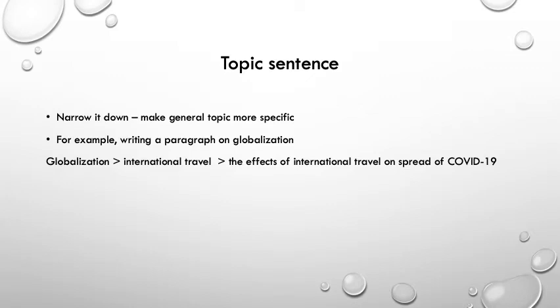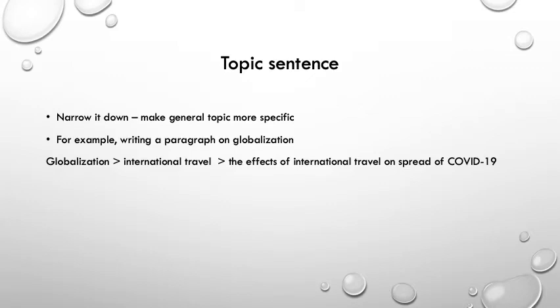So specifically, what would you like to talk about? Do you want to talk about rapid international travel? The advantages and disadvantages of globalization? The problems that are happening due to globalization?